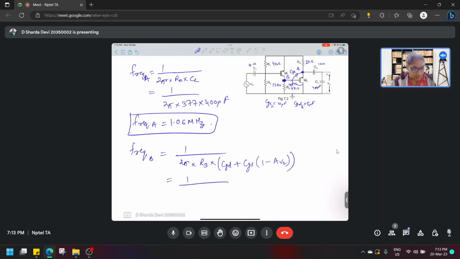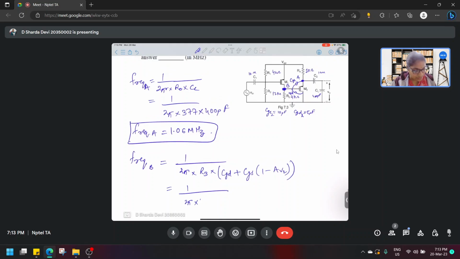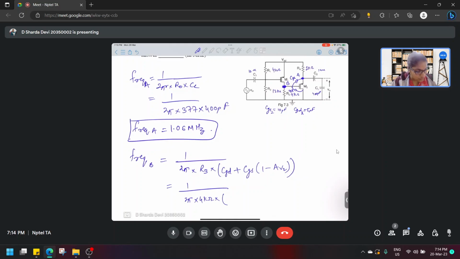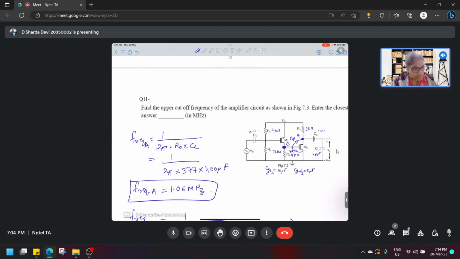So that is 1 upon 2 pi into R3, which is 4 kilo ohms, into CGD, which was 5 picofarad, plus CGS, which is 10 picofarad, into 1 minus AV, which is 0.623.